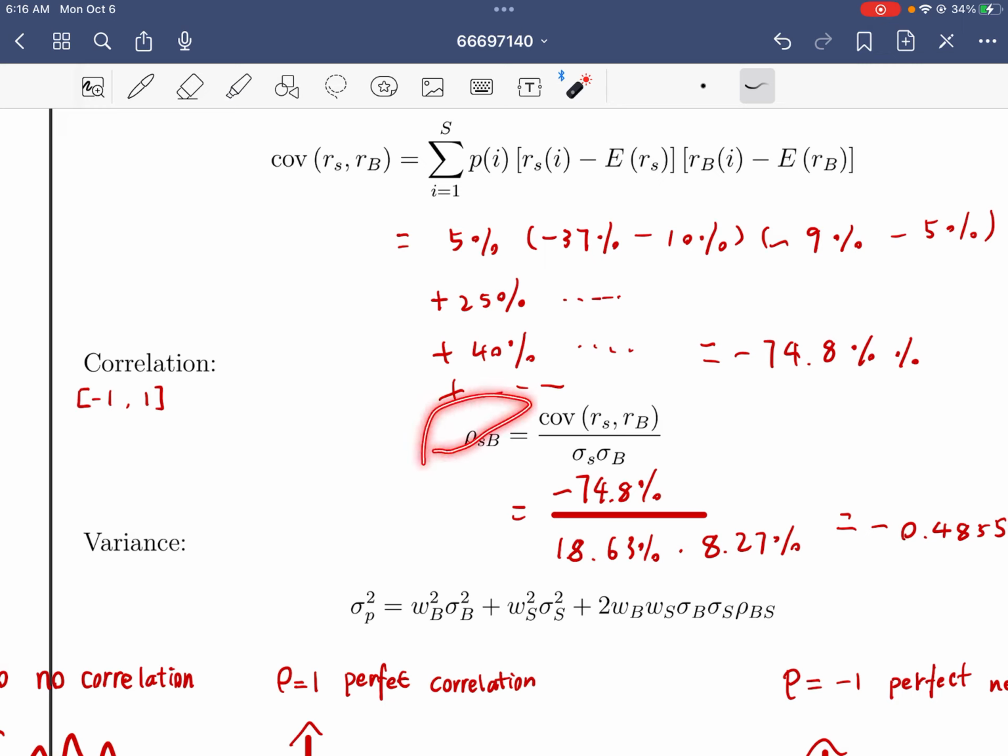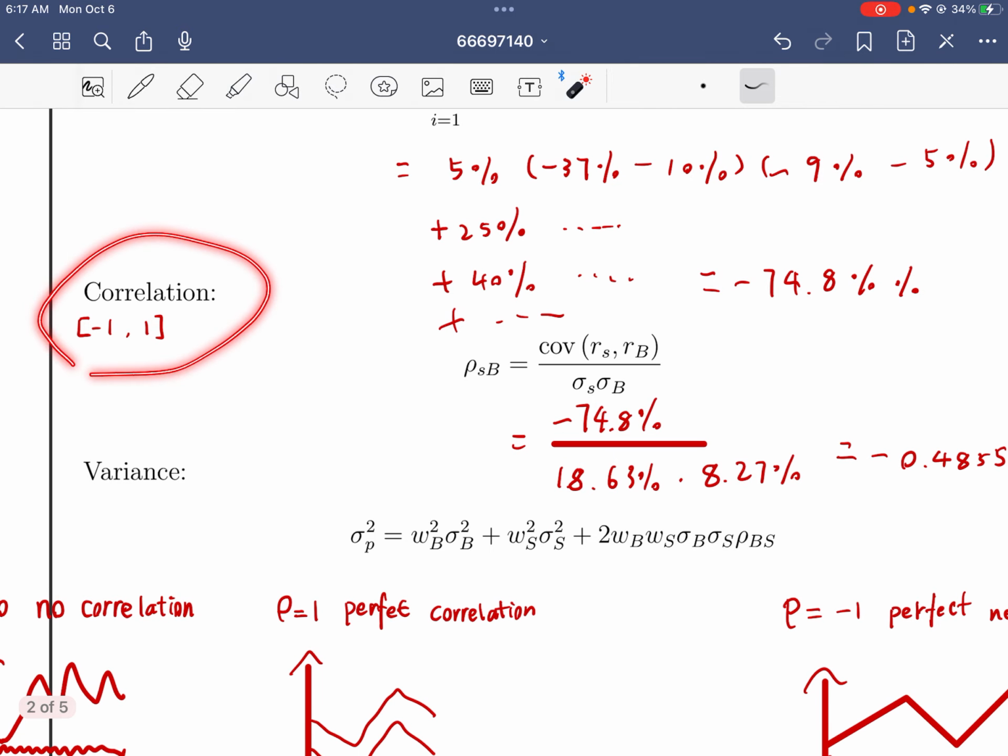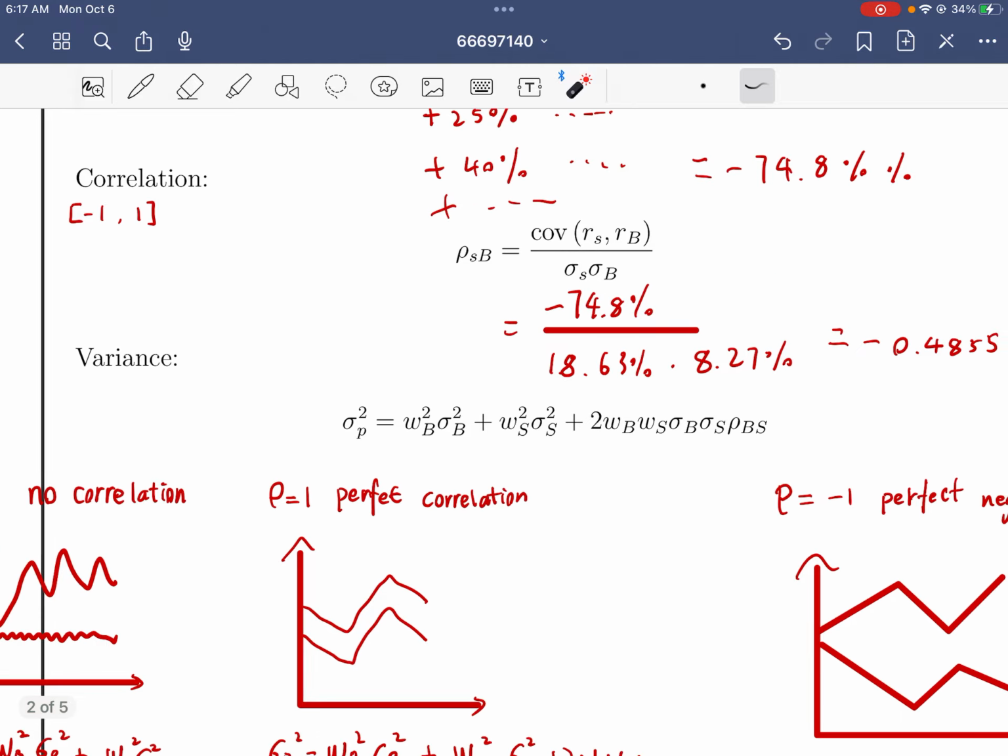So the equation for the correlation is the covariance divided by the standard deviation of stock and the standard deviation of bonds. The correlation is a number between -1 and 1, which is standardized. We can easily use this number to represent the correlation between two assets, and this gives us an easy way to describe it.